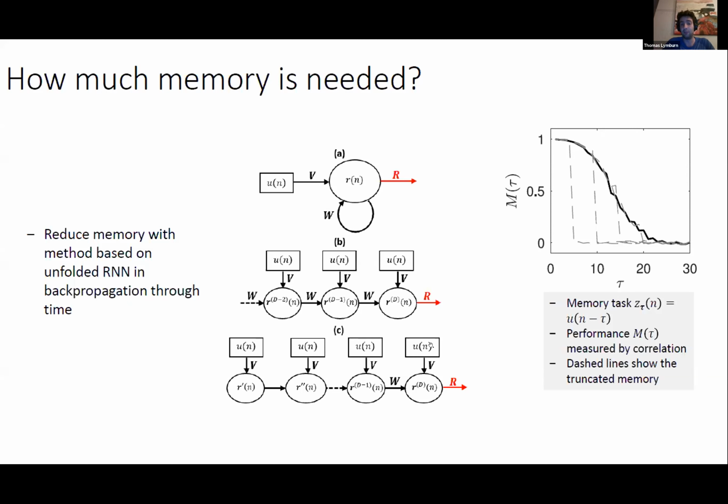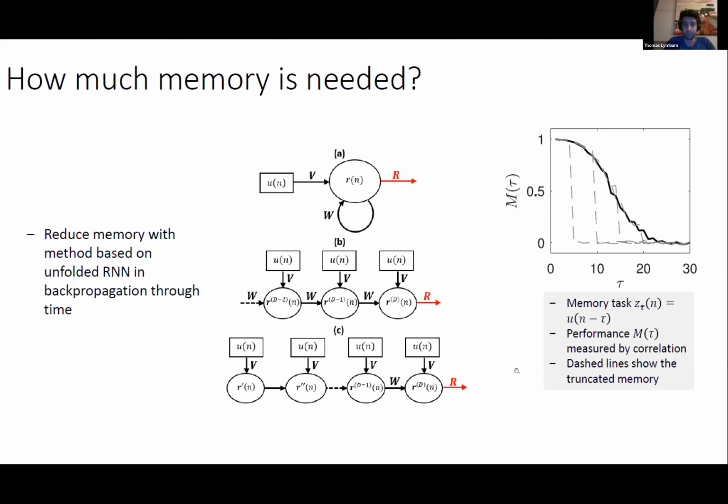But if you truncate your unfolding of this network at some lag d, you're essentially only allowing signal to propagate through your network for a certain number of time steps, right? And so if you were to truncate it within the typical memory of your reservoir, then you're essentially going to be able to reduce the memory, because you can only have information about the time steps.